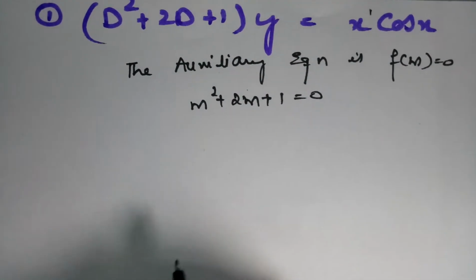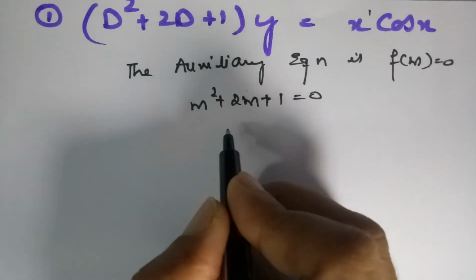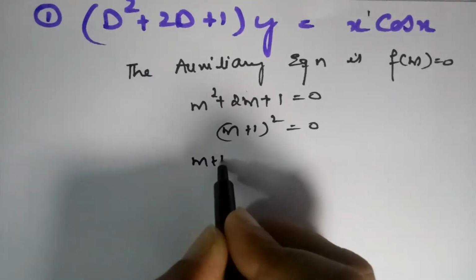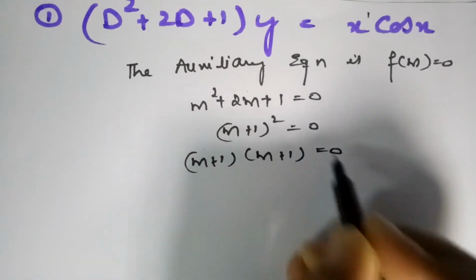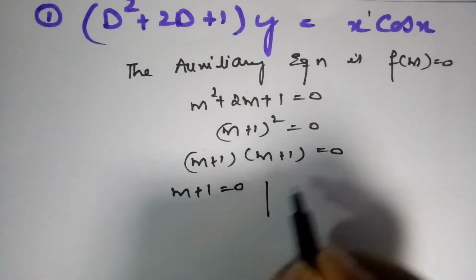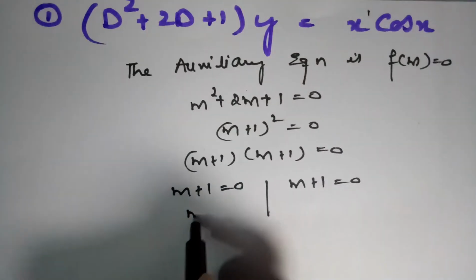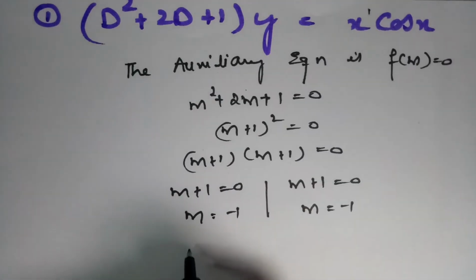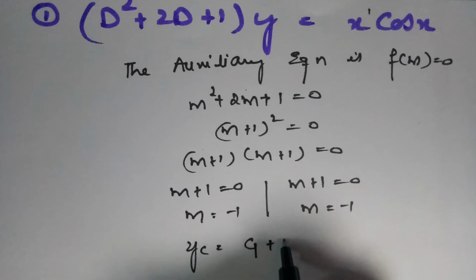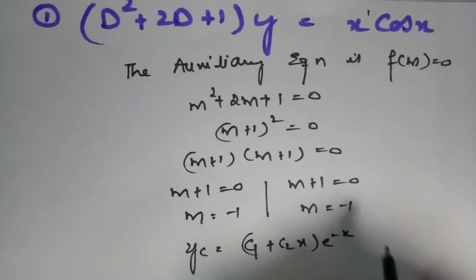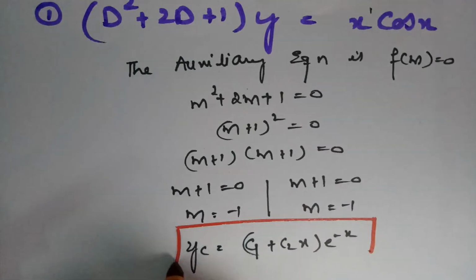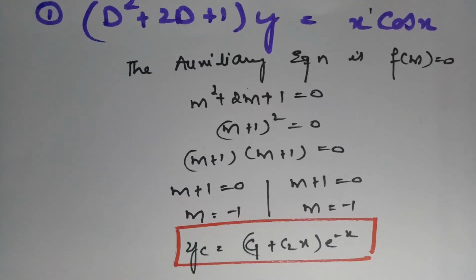This is of the form a square plus 2ab plus b square, so I can write it as (m plus 1) whole square is equal to 0. So m plus 1 into m plus 1 is equal to 0, so m is equal to minus 1 and m is equal to minus 1. Therefore, I can write the complementary function as (c1 plus c2 x) into e^(minus x).